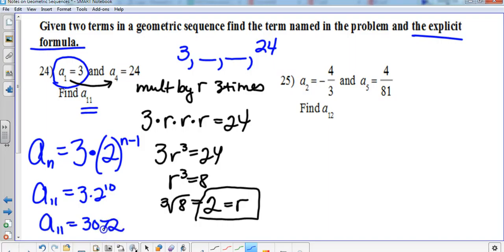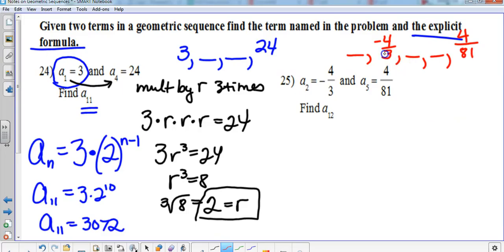Okay. This next one, just, if they could throw anything in, they did. It's got fractions. It's got negative and a positive. It also doesn't give us what? The first term. Okay. So there was a first term. Little story time here. Second term's name was negative 4/3. Then there was a third term and a fourth term. And then there was a fifth term whose name was 4/81. Okay.